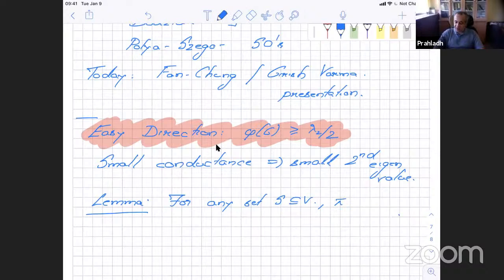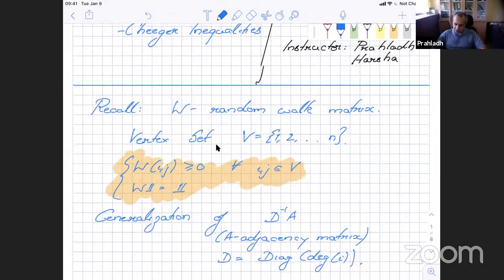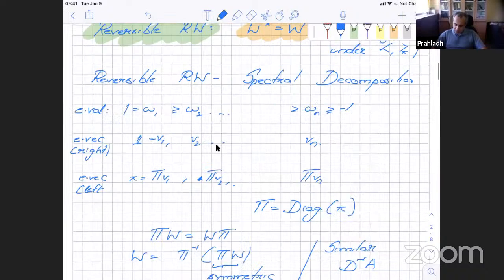So this is pi of S is less than or equal to half. In this world, d is just going to be pi of S. The degree of every vertex in a random walk is the sum of the edge weights going out of it, which is exactly pi i. We did this at the very beginning of the lecture. Let's just recall this.